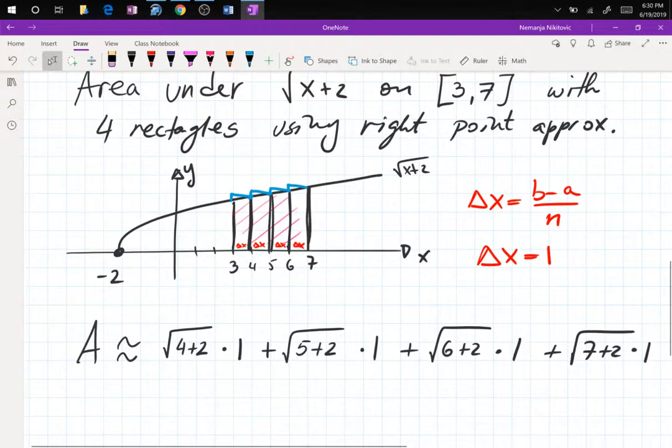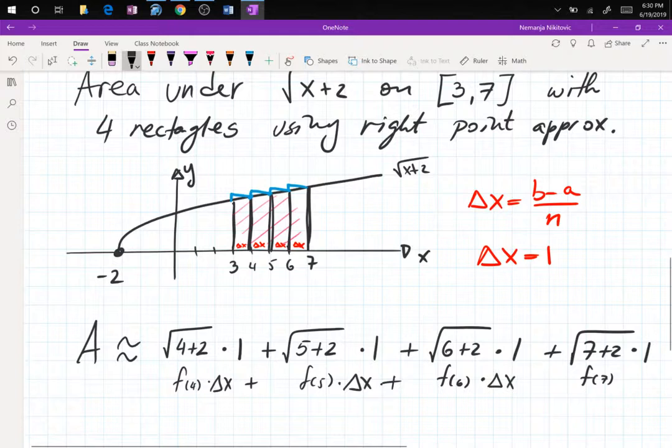So these are our calculations. Each one of these, this is your f of 4, this is your f of 5, this is your f of 6, this is your f of 7, times delta x each.